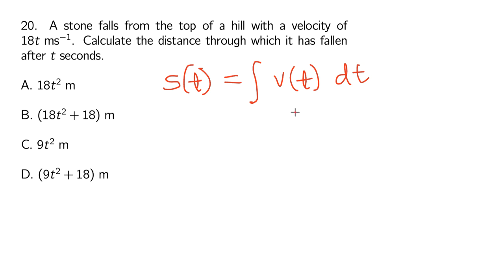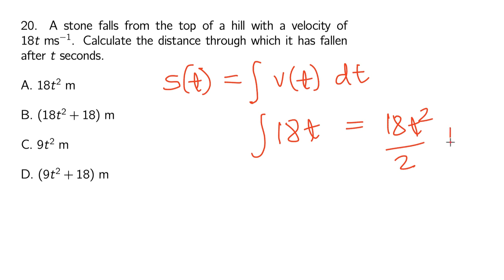We have to integrate 18t. When we do, we get 18t squared over 2. So you increase the power of t by 1, then you divide by the new power, and then you add your constant, and this simplifies to 9t squared plus c.